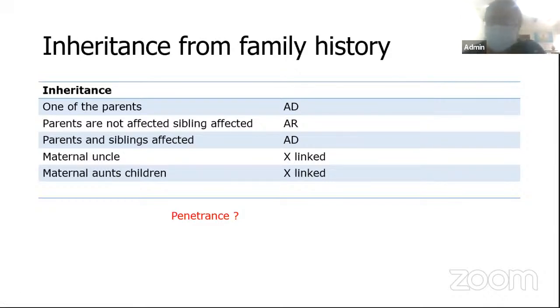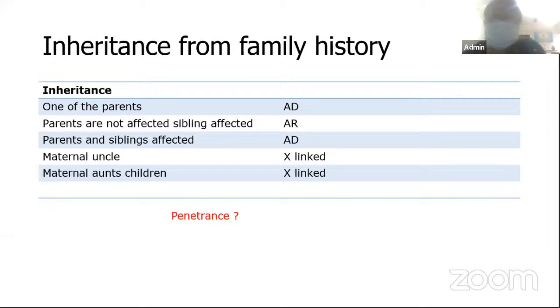Usually, the metabolic diseases are commonly inherited as autosomal recessive. If one of the parents is involved, then most likely it is autosomal dominant. There are exceptions. If the parents are not involved and the siblings are affected, you will consider the inheritance as autosomal recessive.